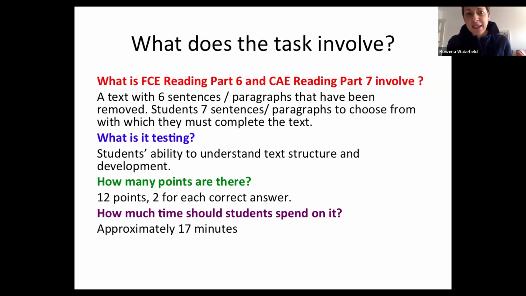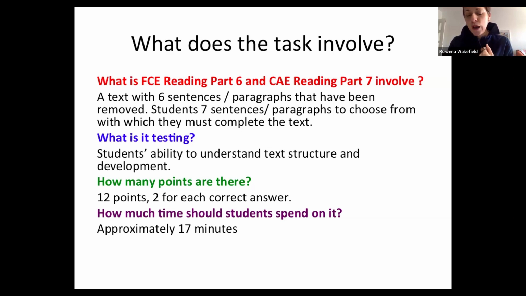And the students basically have to complete the text, but they have 7 sentences or paragraphs to choose from. So this is testing the students' ability to understand the text structure and development.